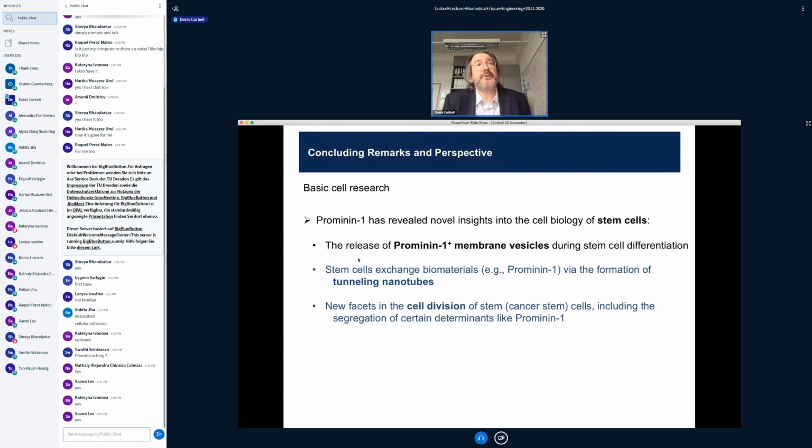So what we found with all of this by studying only a single protein. We found a lot of things with the cell biology of stem cell. For instance, we have shown that the stem cell, when they are going through the process of differentiation, can release very small membrane particles in the extracellular milieu, meaning that they can release the property of the stem cell, which we can find together in a membrane microdomain or membrane lipid raft, together with prominin, and they release them.